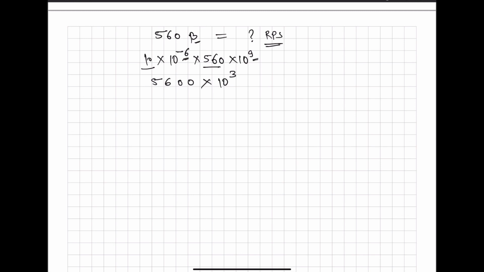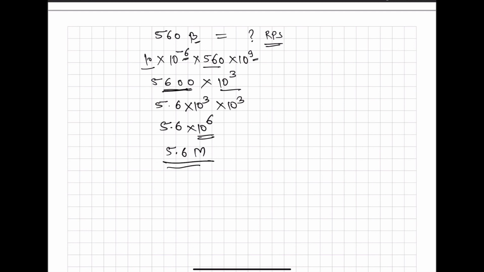Whenever you see an opportunity to convert a number into multiples of 10 to the power 3, you should always do that to make life easy. So we represent this as 5.6 into 10 to the power 3, and then we note down this 10 to the power 3. It becomes 5.6 into 10 to the power 6, which we know is 1 million. So our answer will be 5.6 million.